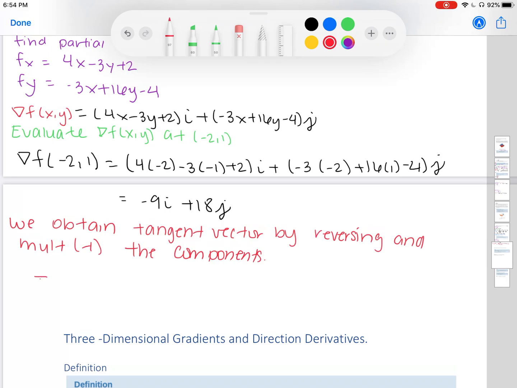So our answer would be negative 18i plus 9j. So notice we swapped them and changed the signs.